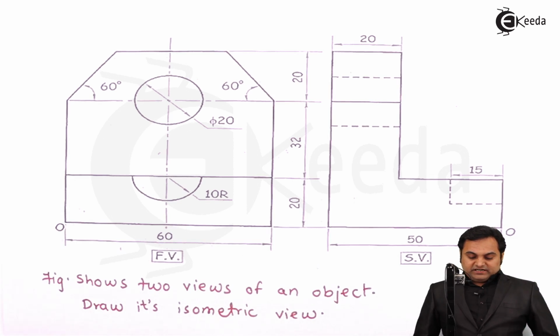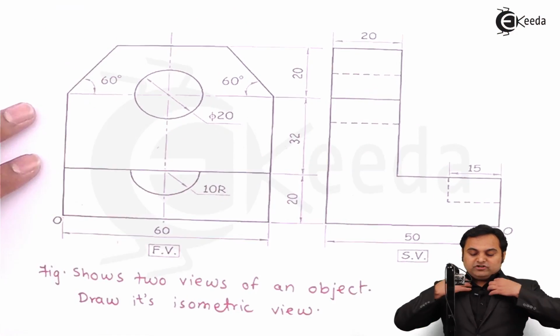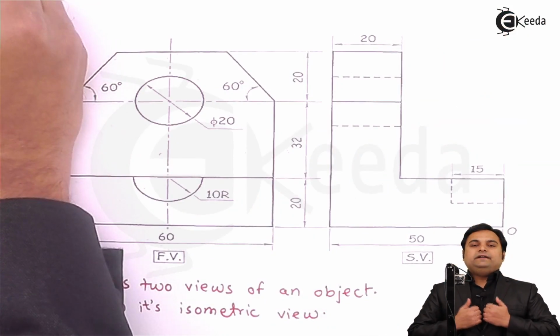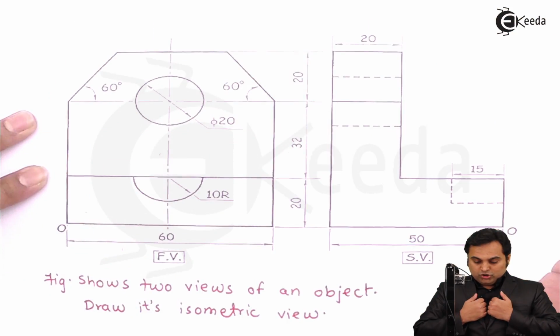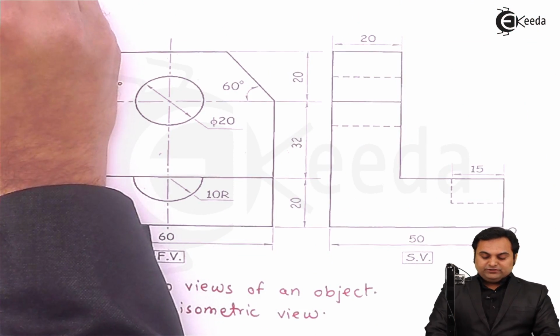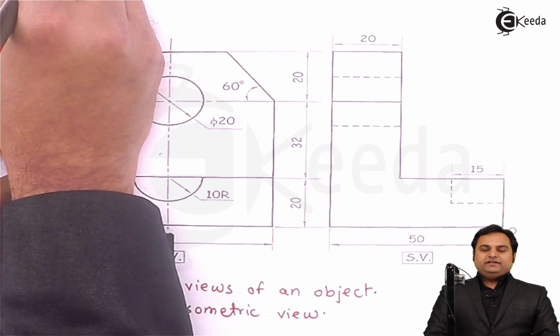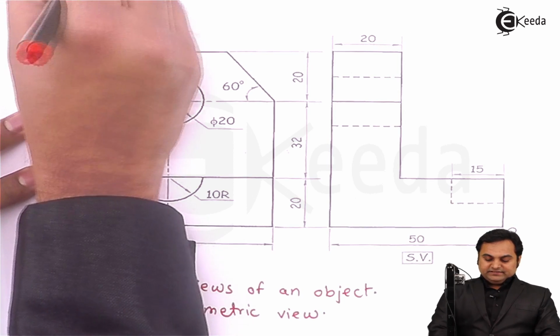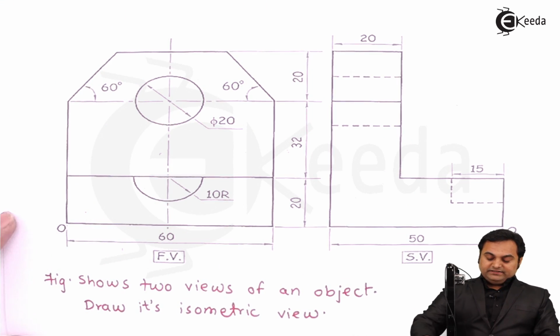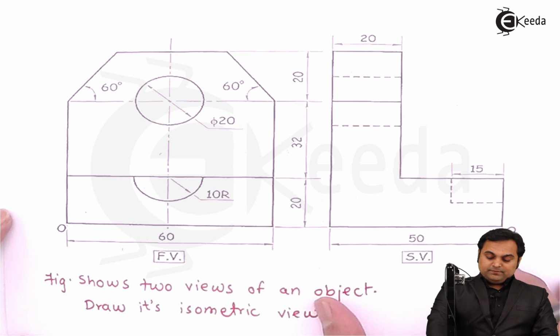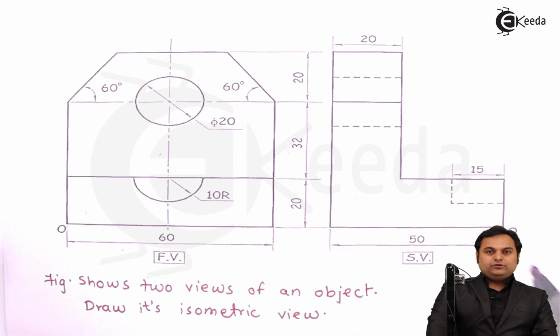So before we start the isometric projections, we should know how much is the total length, height and width of the object. In case of front view, we are going to see the length and height, and as I can see here, the length is 60 mm and the height is 20 plus 32 plus 20, that is 72 mm.